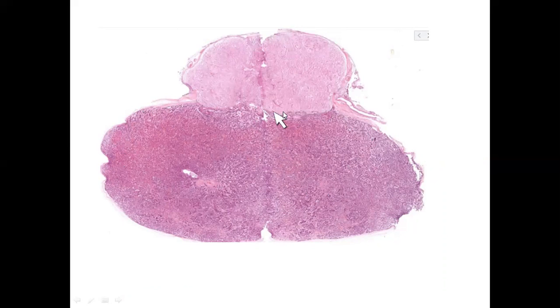Now the border area is indicated by the white pointer, and at this magnification we can still see the basophilic area having certain cavities there. This is the pars intermedia portion around the border area between the pars distalis of the anterior pituitary and pars nervosa of the posterior pituitary.